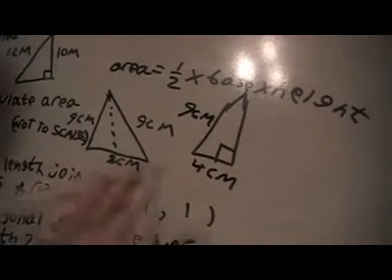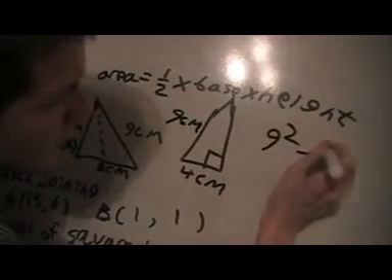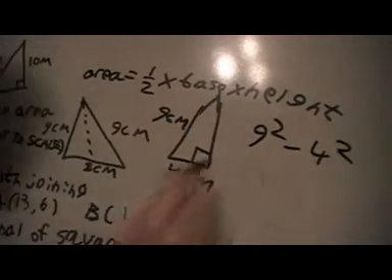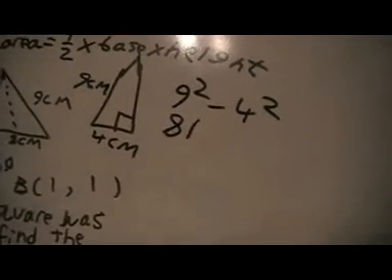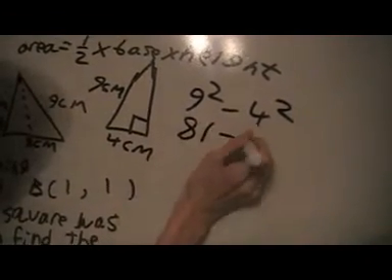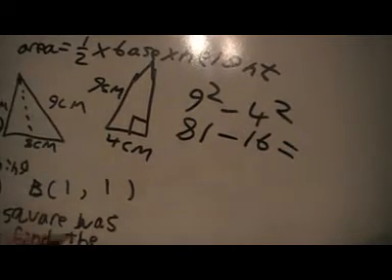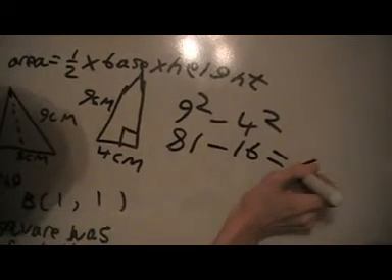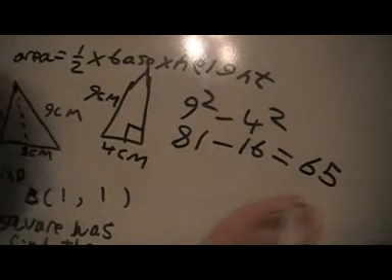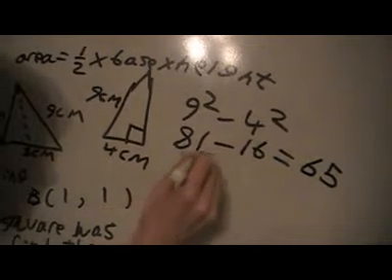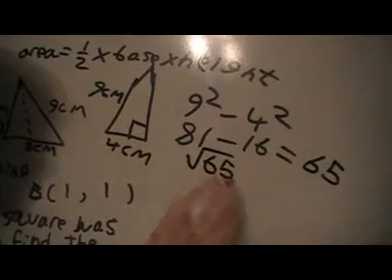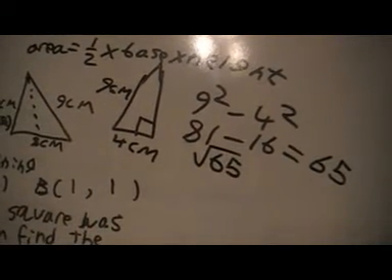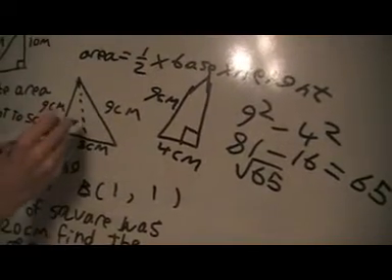And we're going to do 9 squared minus 4 squared, so that's 81 minus 16, which is 65. So then we'll get the square root of 65, and that's this length here.